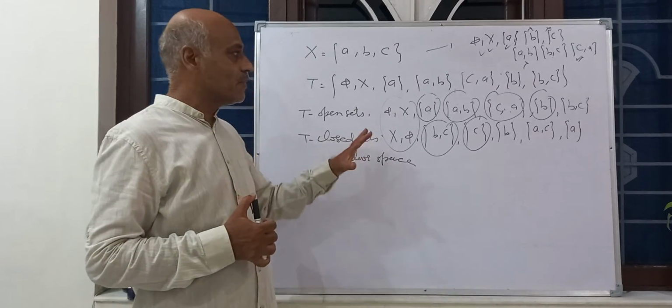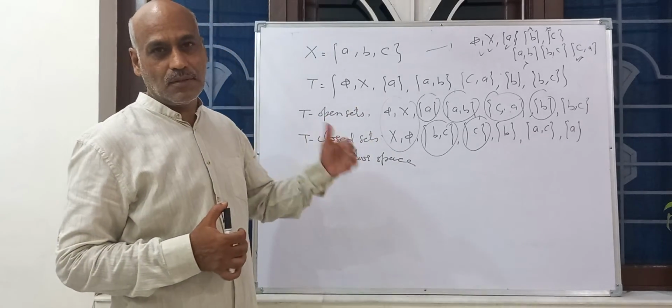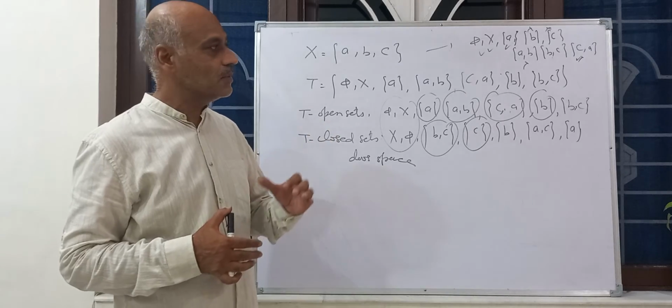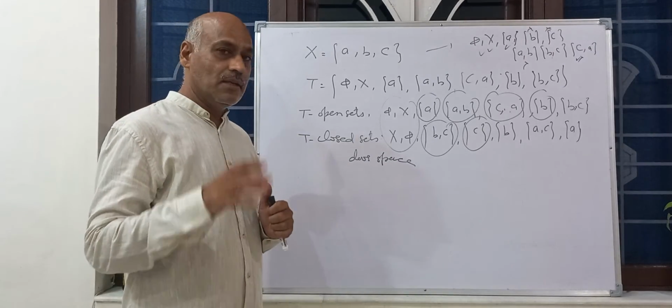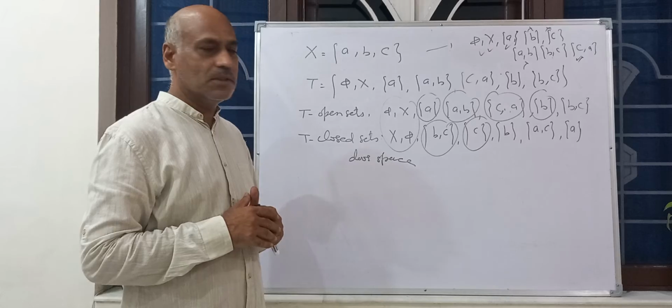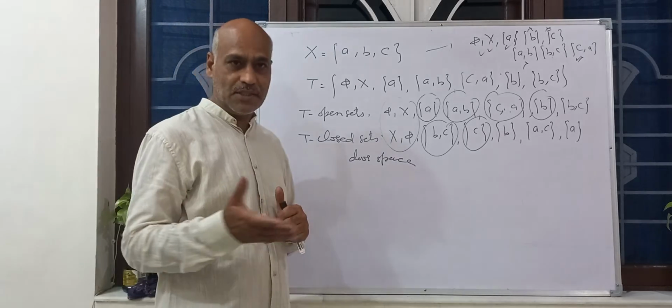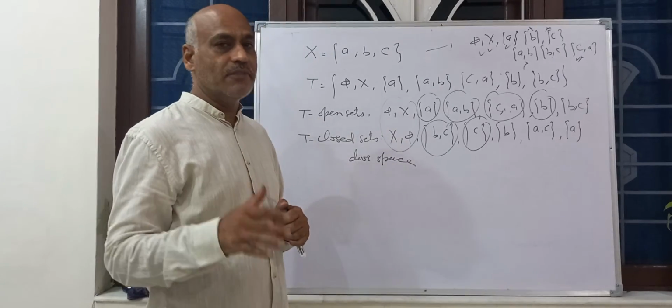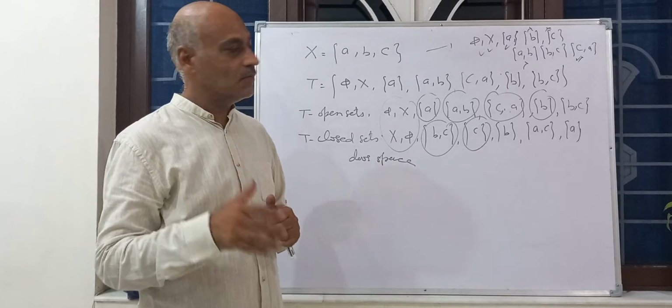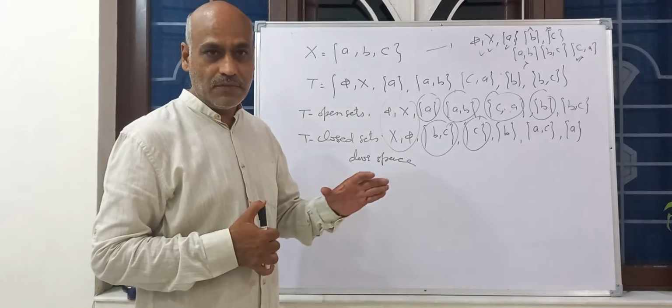So these are some examples of topologies. In topology, we have to remember the definition of topology, or whatever topic is given. First, the definition must be understood very clearly. What is the definition?